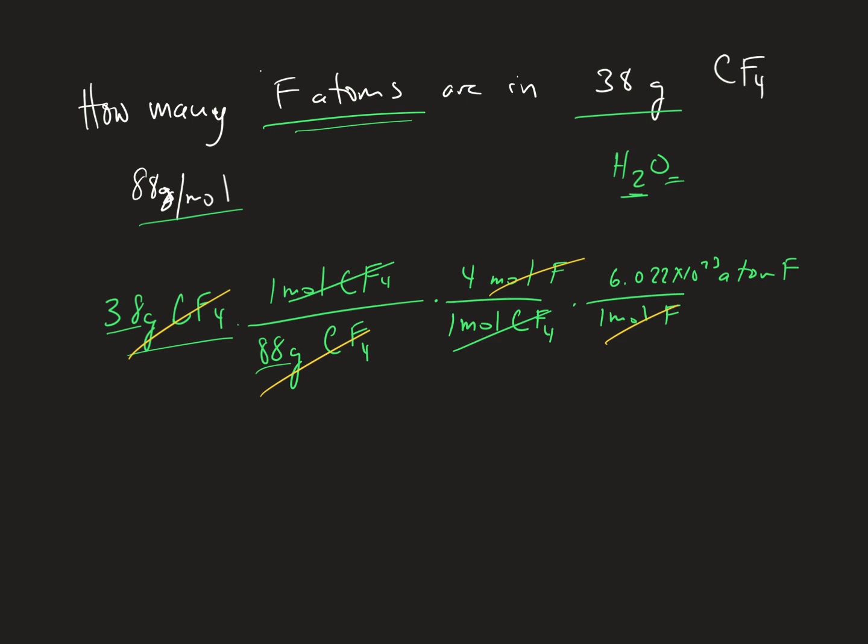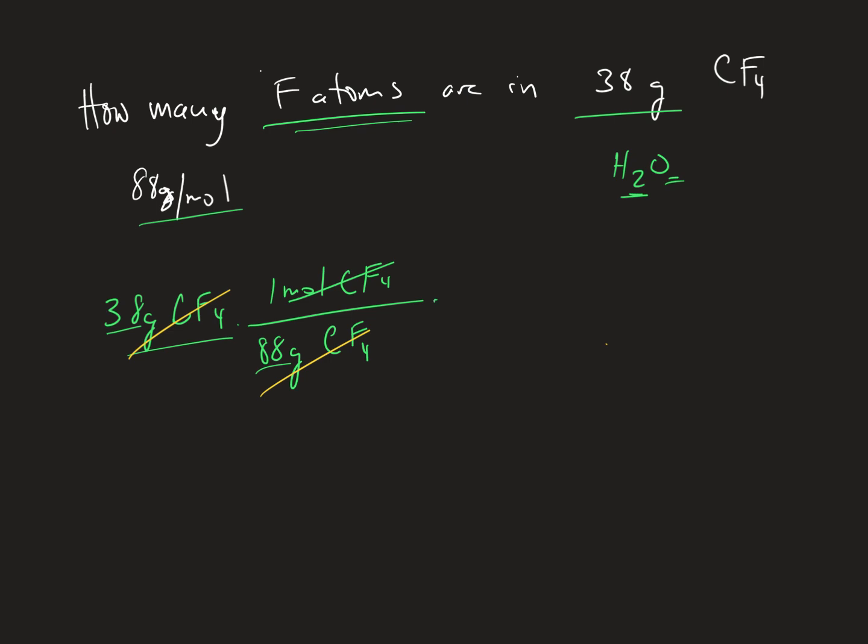It's the multiplying by 4 that I don't understand, because I thought that was represented already within the 38 grams. Okay, let me do it a different way. Is the molar mass not just the individual C and F atomic weights added together? It is. So let's do it a different way.